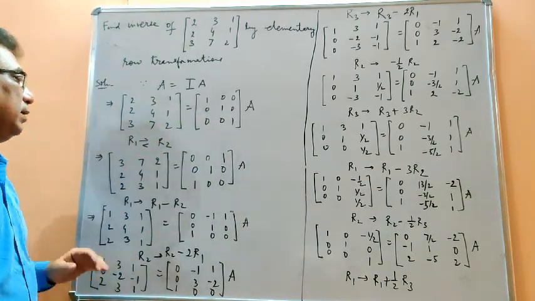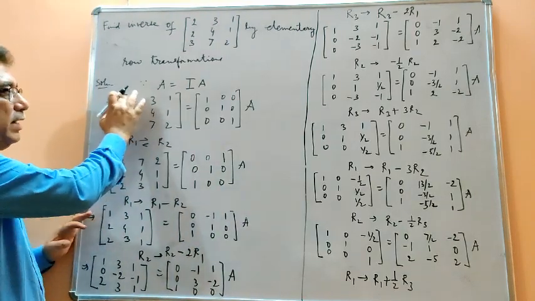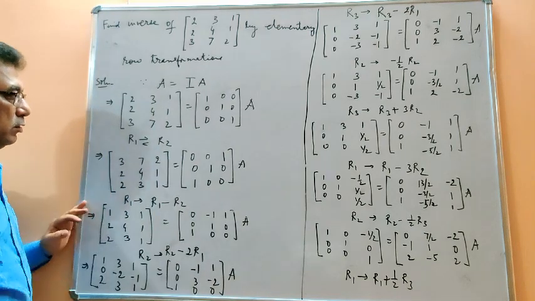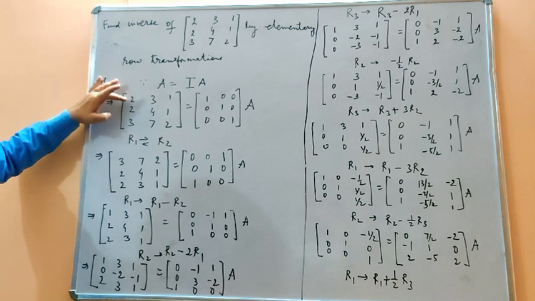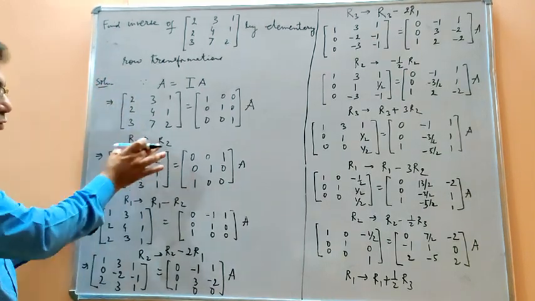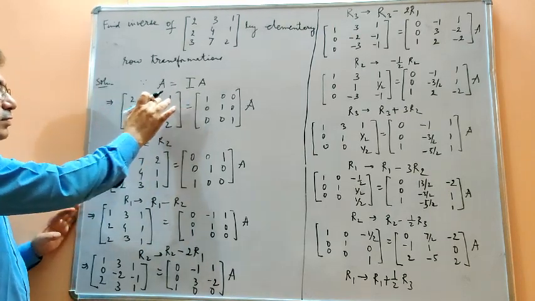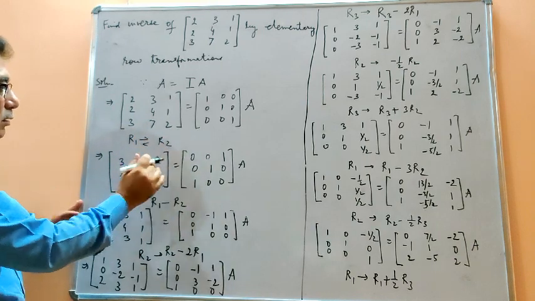Now the algorithm says that you have to manage 1 here at this place, which is A11. So what I am thinking is that let us interchange these two, and then by subtracting 3 minus 2 we can get 1. So the first operation I have done is the interchange of row 1 with row 3.